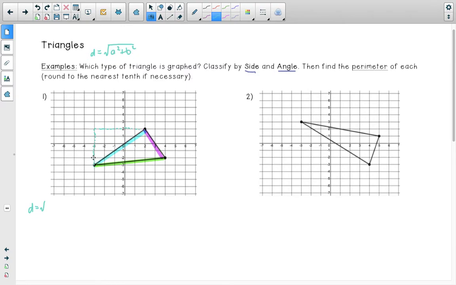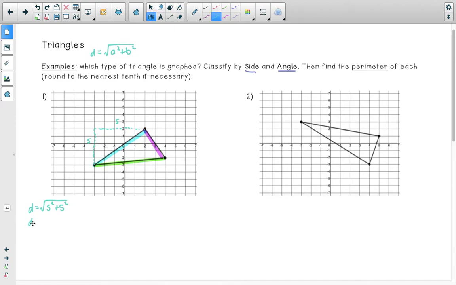So I'm going to have 1, 2, 3, 4, 5. This is a distance of 5 spaces. Then I have 1, 2, 3, 4, 5, because I'm watching my scale as well. This is also a distance of 5 spaces. So I have the square root of 5 squared plus 5 squared.